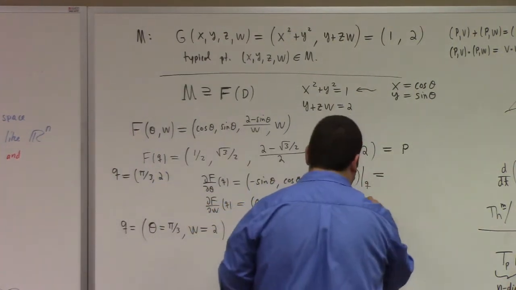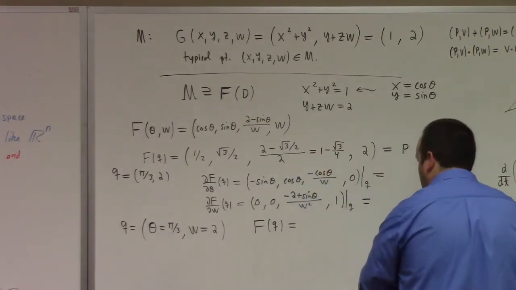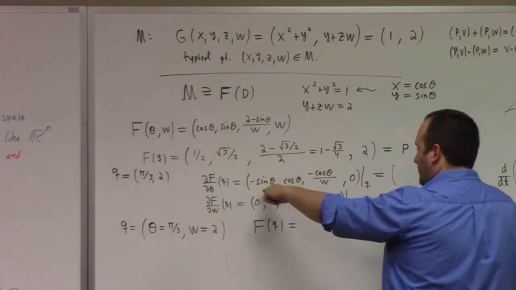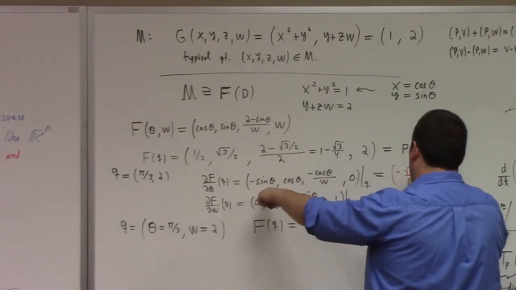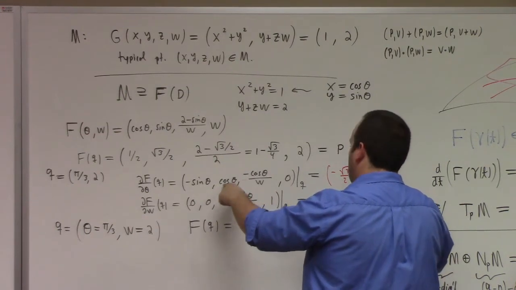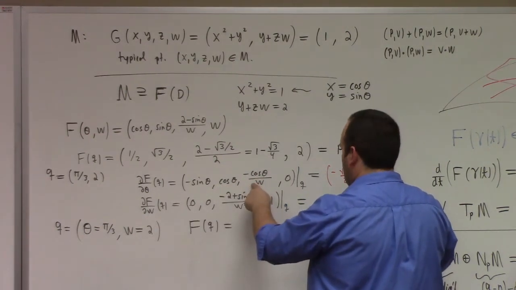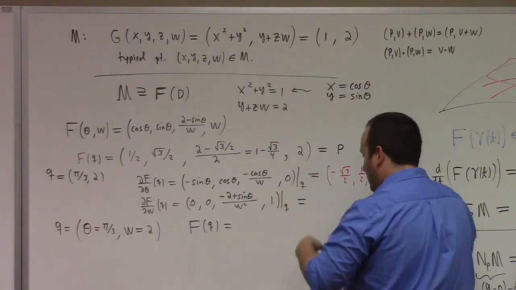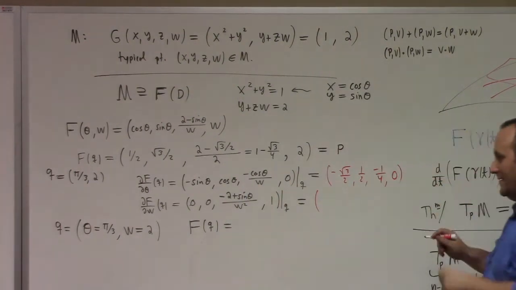Plugging in the point q, what do we get? We're putting theta equal to pi over 3, so we got minus root 3 over 2. Cosine theta is what? 1/2. This is what? Negative 1/4. This is, well, 0. Next, I'll do the first two.